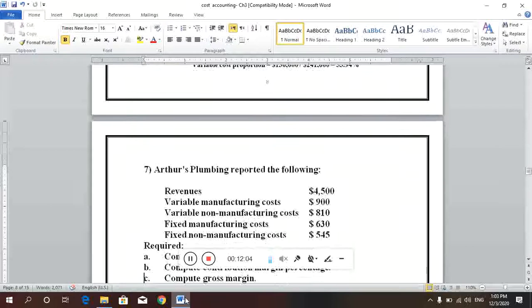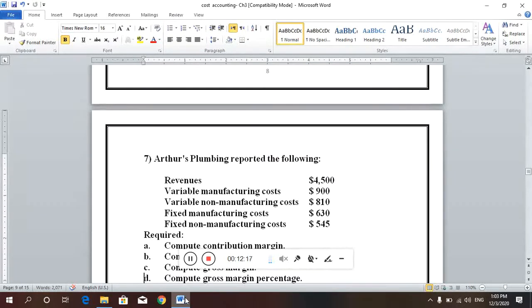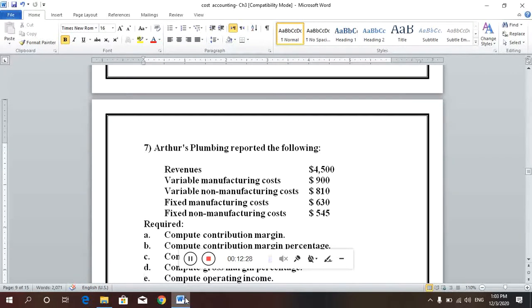Number 7. Arthur Plumbing reported the following: revenues equal $4,500 and variable manufacturing costs is $900 and variable non-manufacturing costs equal $810 and fixed manufacturing costs equal $630.